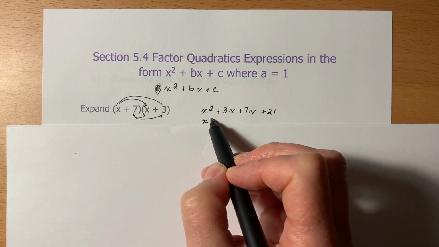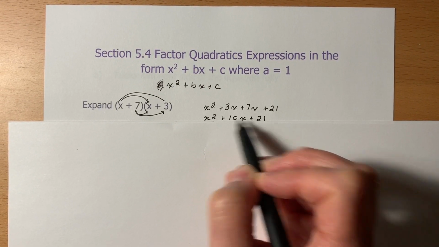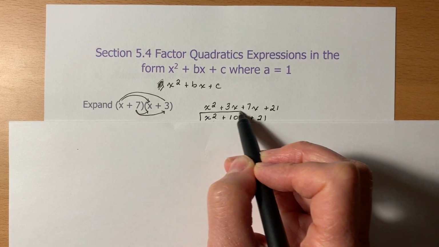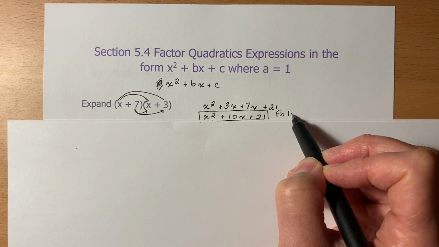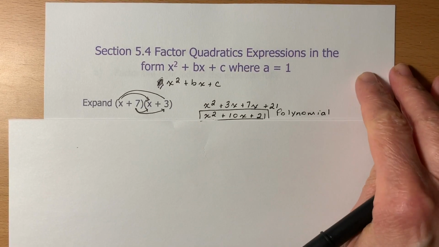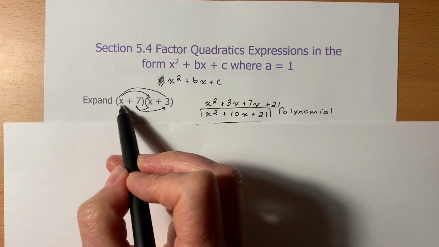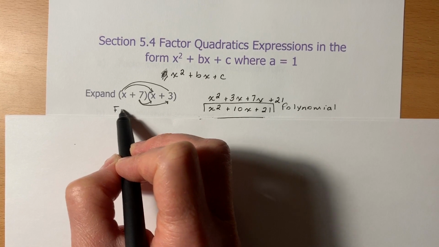And you got x squared plus 10x plus 21. What you have here is the polynomial. What you have here, x plus 7 times x plus 3, this is factored form.